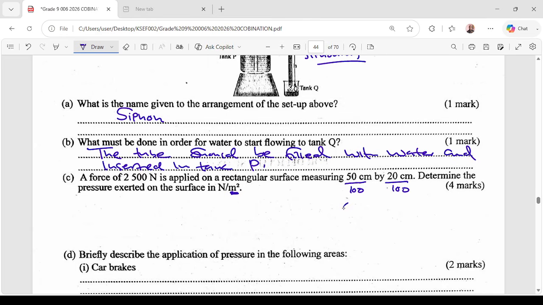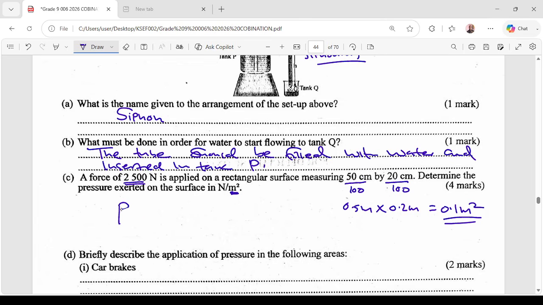So we shall have 0.5 meters by 0.2 meters, and 0.5 times 0.2 gives 0.1 meters squared. So that is the area, and this is the force.